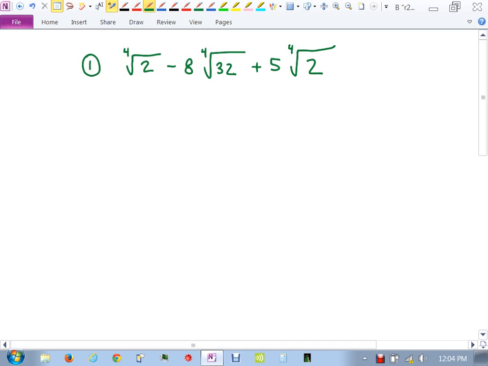Let's see if you can figure out, let's see, we did that already. How about, find, first one, what is the 4th root of 2 minus 8 times the 4th root of 32 plus 5 times the 4th root of 2.